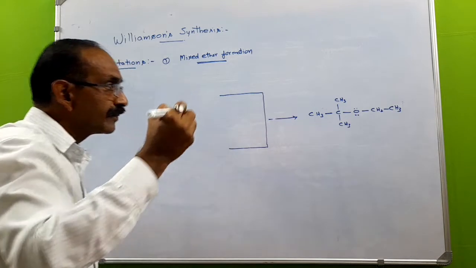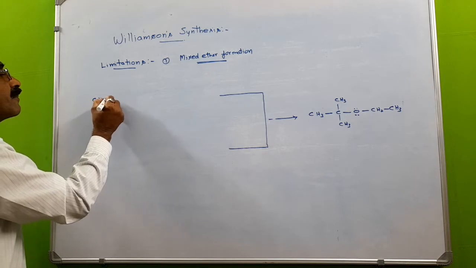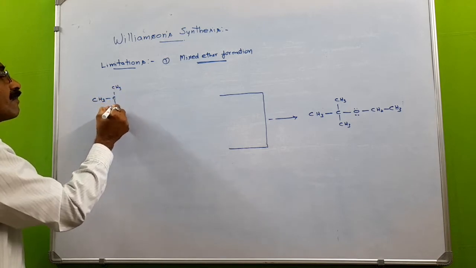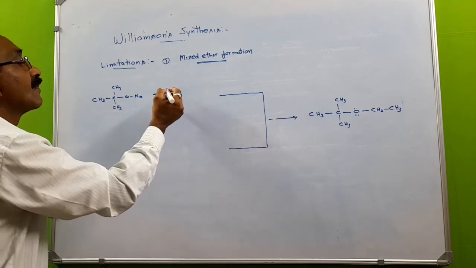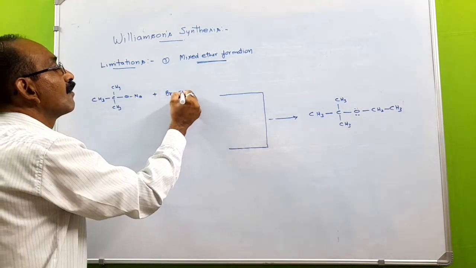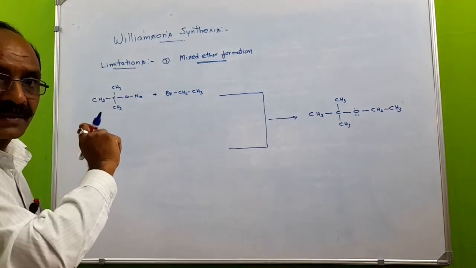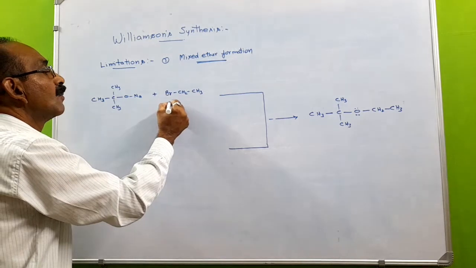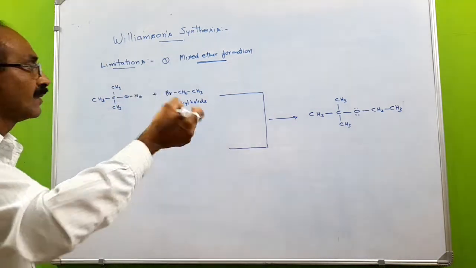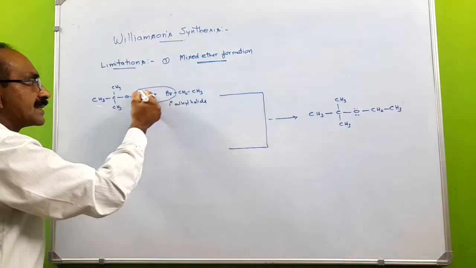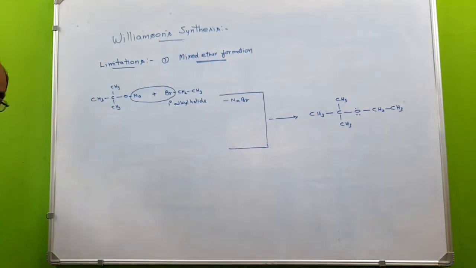So here the ether can be obtained by taking these two as reactants. Here I am taking a primary alkyl halide, and NaBr will set free and you will get the desired product.